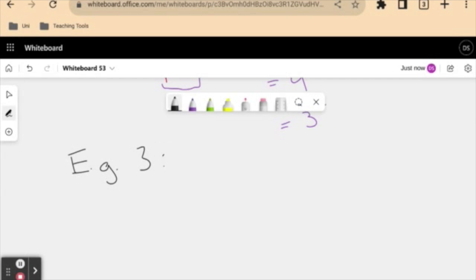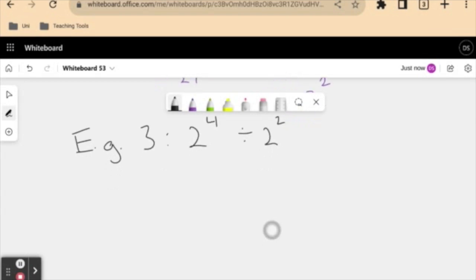Now, let's pick 2 to the power of 4 divided by 2 to the power of 2. So 2 to the power of 4 is like writing 2 times 2 times 2 times 2.